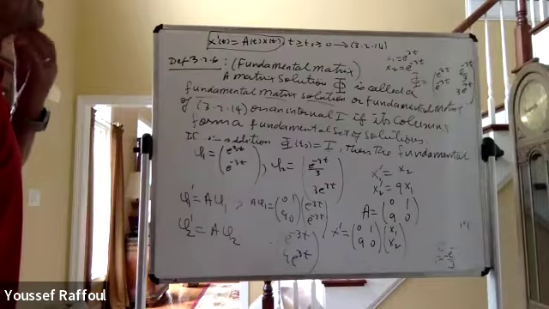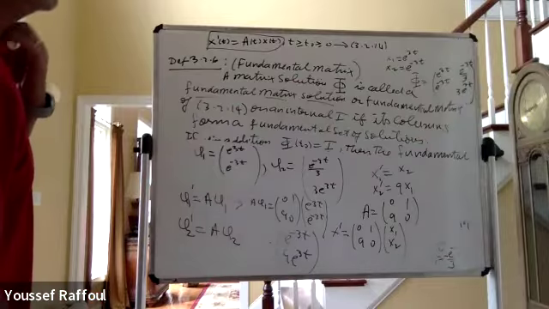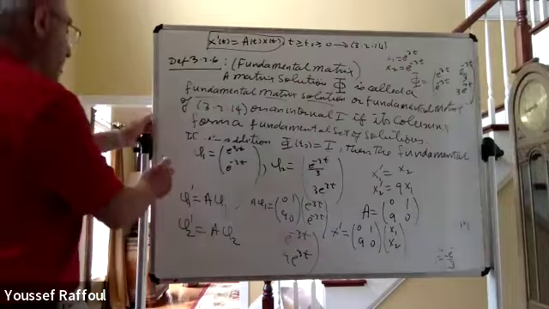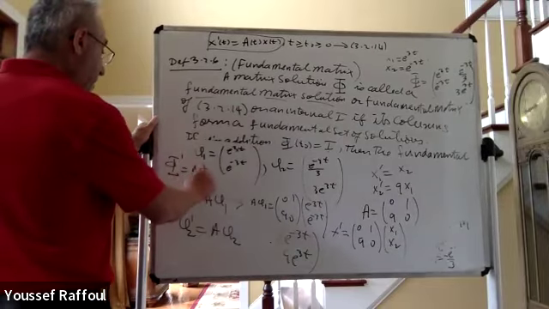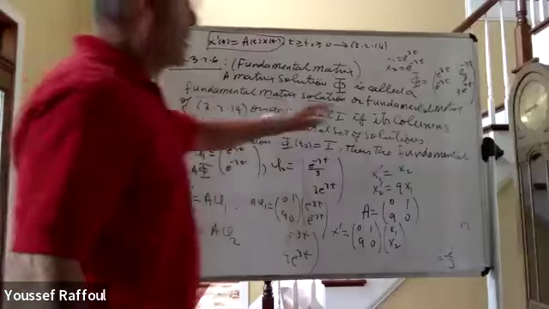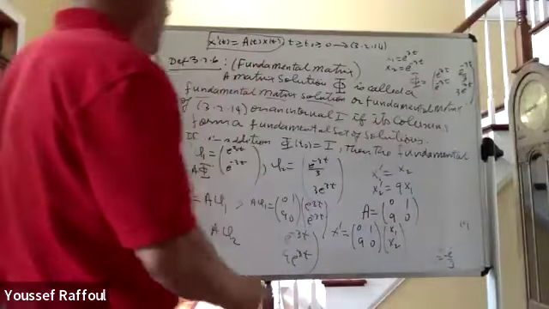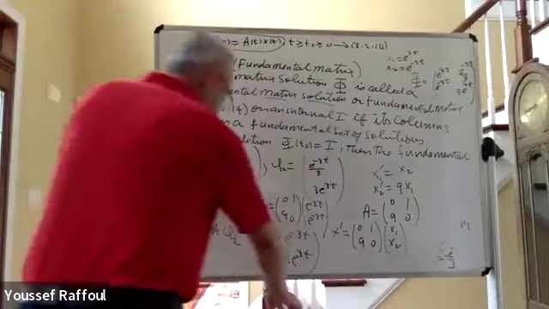So what else do we have? Now you can show easily that phi prime equal A phi for this one here. You can show that too. Okay.